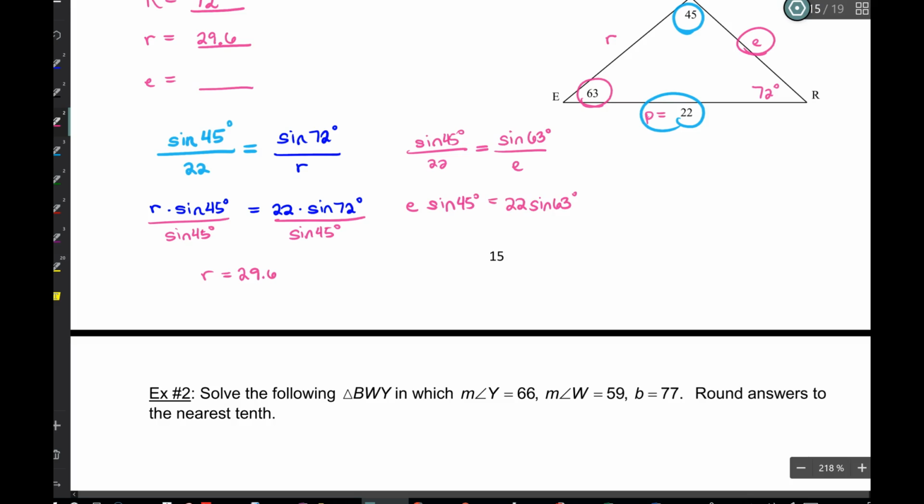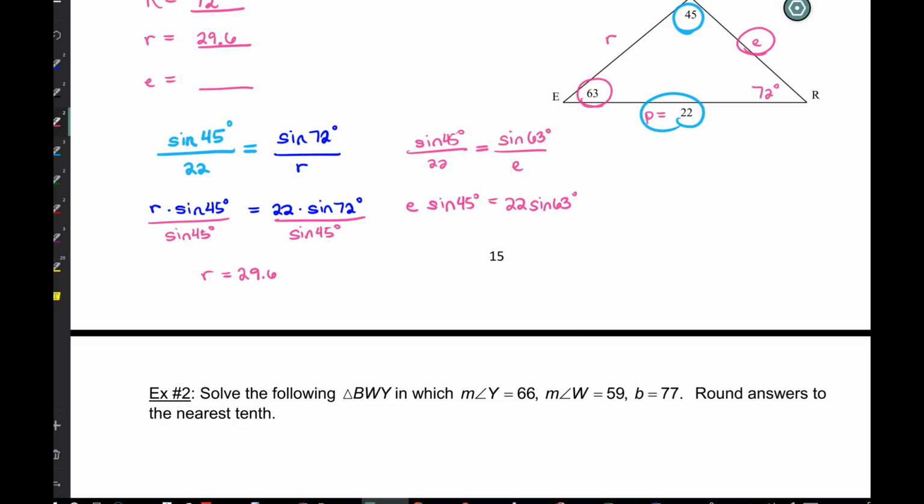And just so you know, you don't actually have to put a multiplication sign in here. Also, on your calculator, if you just press 22 and then went right to the sine, it'll automatically interpret that like a multiplication, just like a variable. And then we're going to divide both sides by sine of 45.